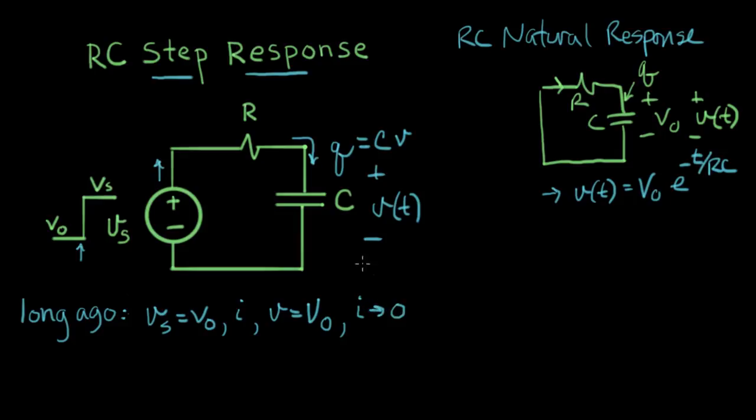And the reason we know I went to 0 is because the voltage across this resistor, let me label it like this, we'll call it VR, eventually, this side was V naught, and this side became V naught. And that's 0 volts across the resistor, so that means the current goes to 0. So this is the state a long time ago. I want to start sketching this. We'll do some time plots of this.